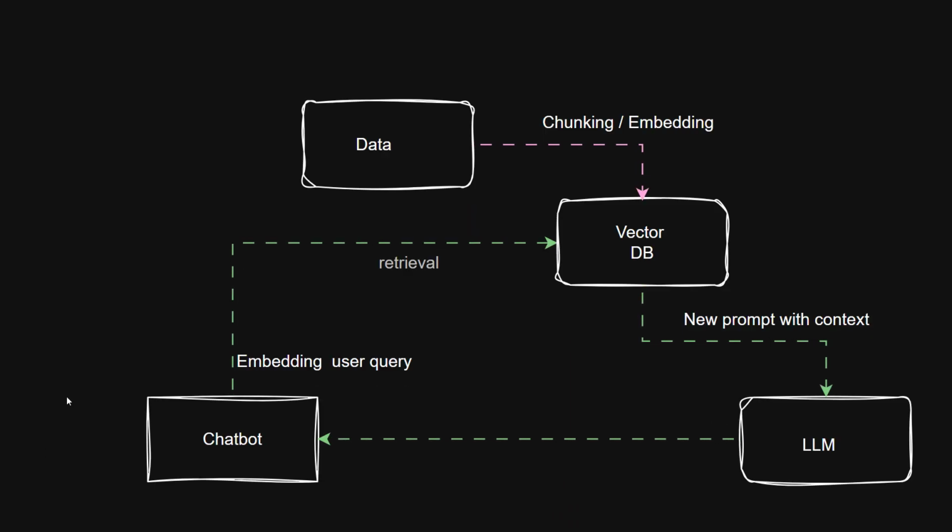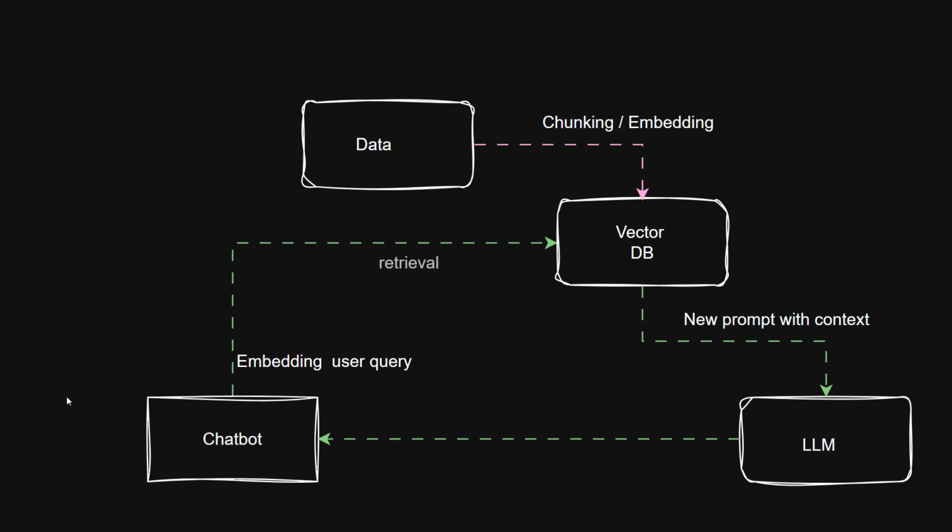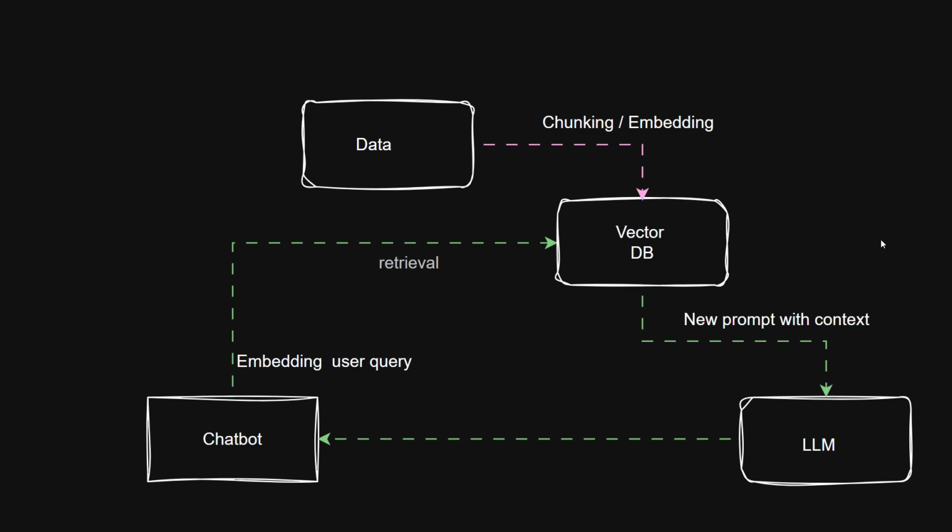So RAG is Retrieval Augmented Generation. Now we will look at all these three pieces separately. On a very high level, how RAG works is, we take this data and we chunk and embed it. We will talk about what is chunking and embedding in a minute. And then we put it in a vector database.